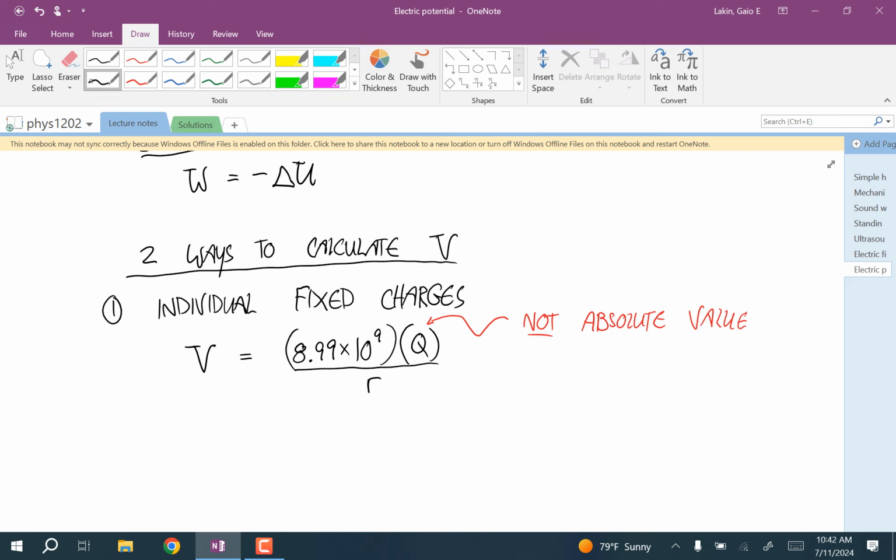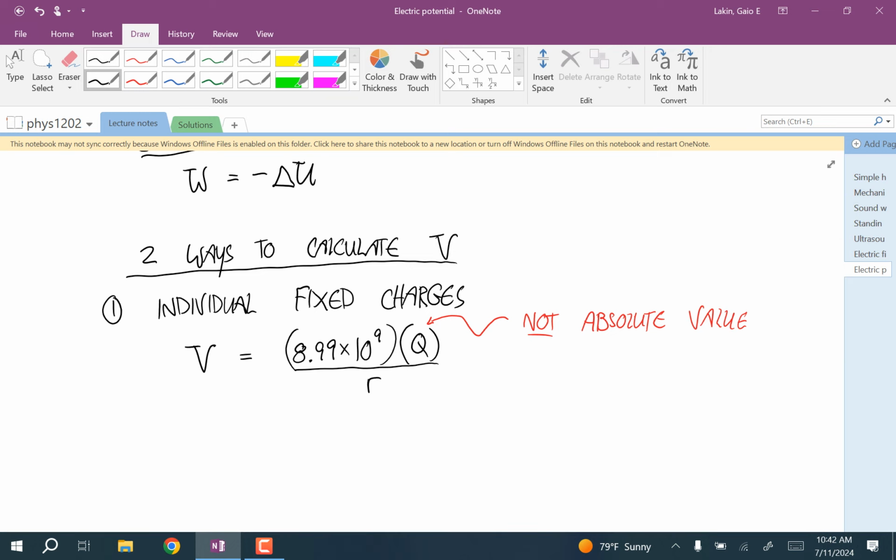The second relationship, this is what you'll use if you're given one or more individual fixed charges. This is what you'll use to calculate the electric potential.